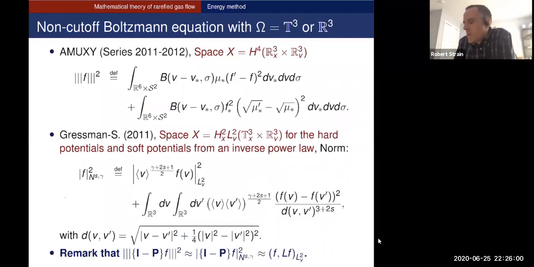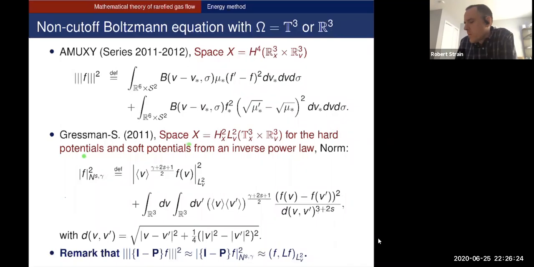And in the space H4, with this well-known triple norm, they characterize the dissipation in terms of this triple norm, and they can prove the global existence of solutions. And then around the same time, myself with Phil Gressman, we proved the global existence of solutions to the non-cutoff Boltzmann equation.